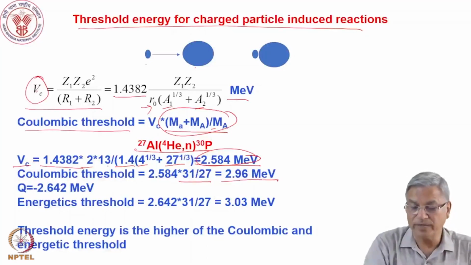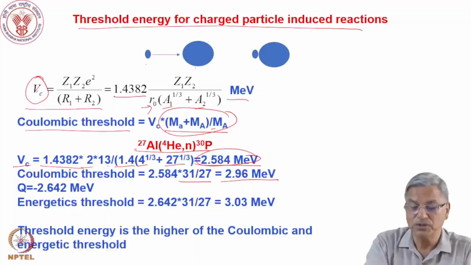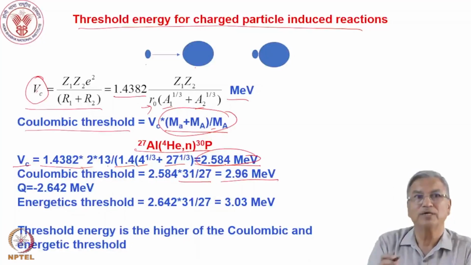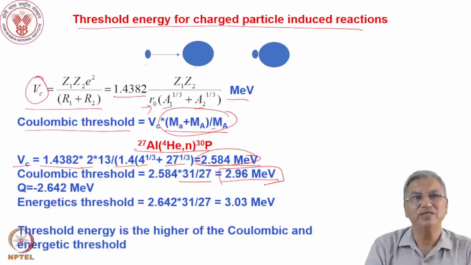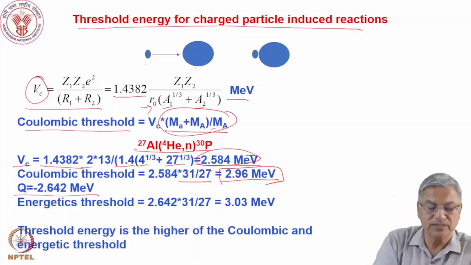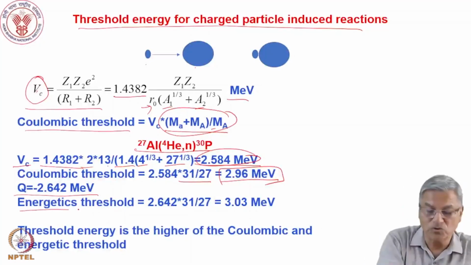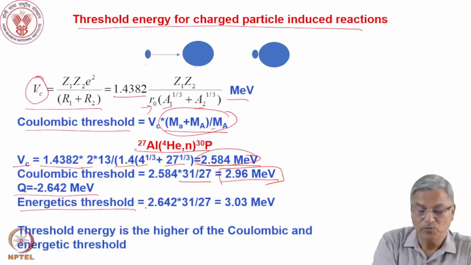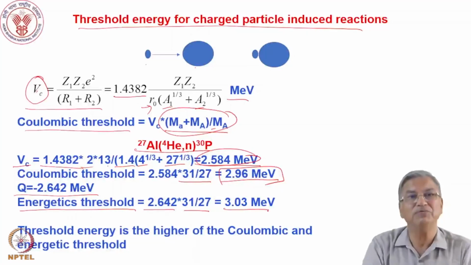That means 2.96 MeV. So the Coulombic barrier is 2.584, but the projectile should have 2.96 MeV in the laboratory, so that we have ECM, the energy available in the center of mass, equal to 2.584 MeV. Now the Q value for this reaction is minus 2.642. So from the energetics point of view, the threshold should be 2.642 into 31 by 27, that is 3.03 MeV.